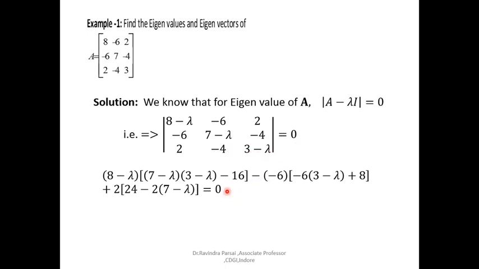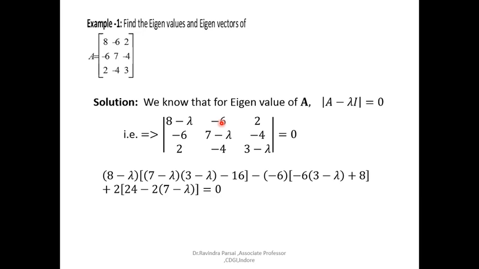Now you will solve this determinant. Take the first element 8 minus lambda and multiply by its cofactor, the minor (7 minus lambda)(3 minus lambda) minus 16.